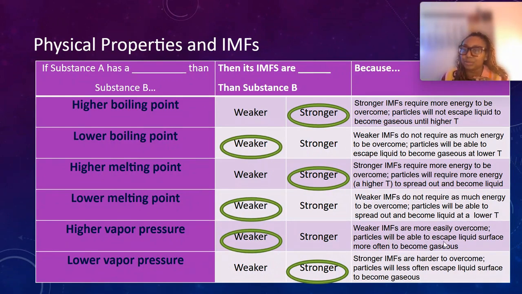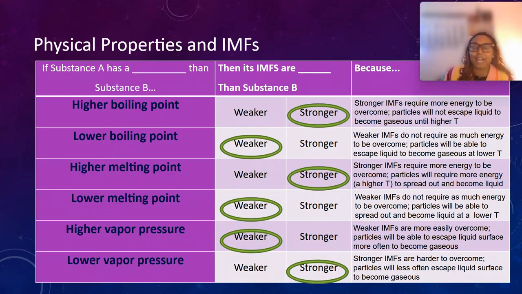Particles will be able to escape the liquid surface more often to become gaseous. So hopefully you're noticing, when we're talking about vapor pressure, that vapor pressure and boiling point are connected to one another, but they work in opposite directions.